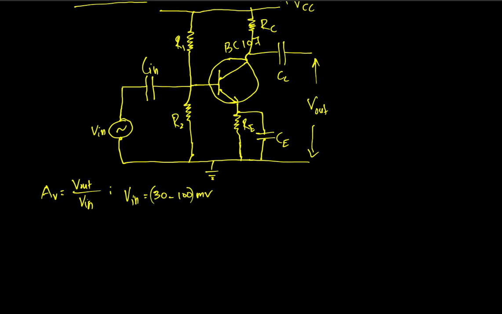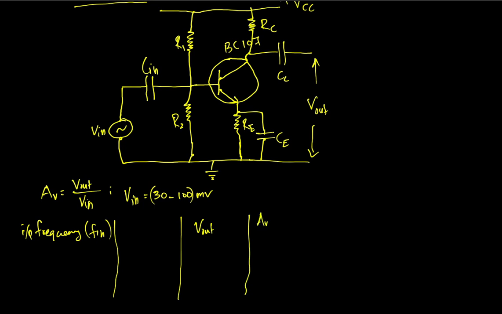So we will note down the input frequency, that is called Fin. Then the corresponding output voltages we will note down. Then from the output voltage and input voltage we can calculate the Av, that is the voltage gain, as Vout divided by Vin.